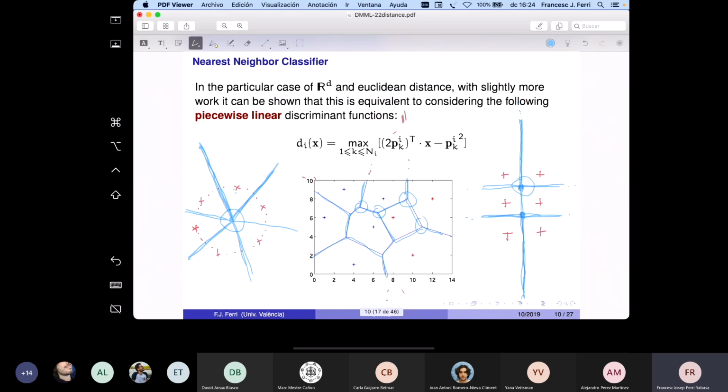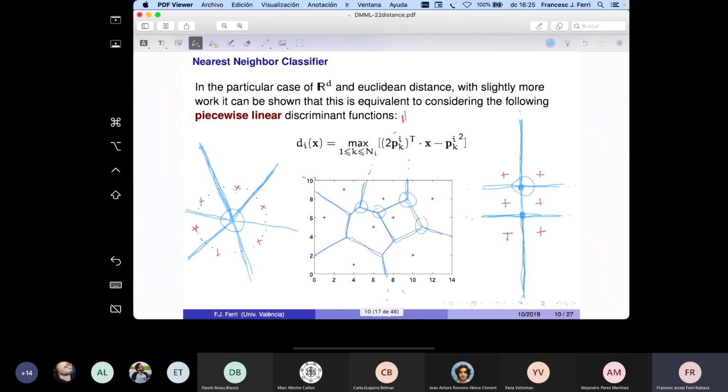And then the polytopes in 3 dimensions are formed by two-dimensional sides. You see? So in 2 dimensions, we have a set of lines.